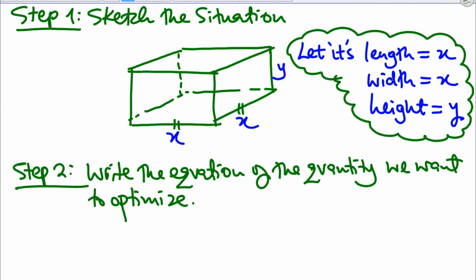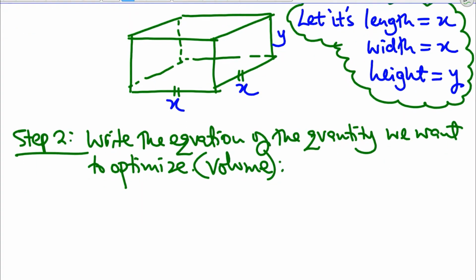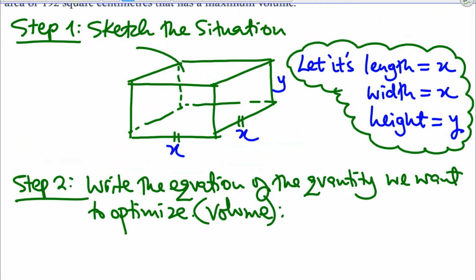So here, what we want to optimize is volume. So we need to write an equation for the volume of this box, which is open, right? Remember, it's open. So the box is open.